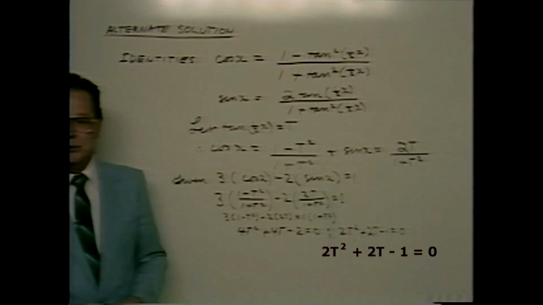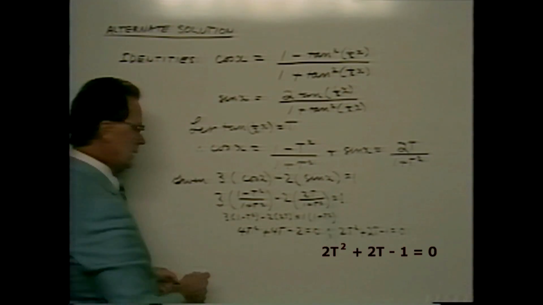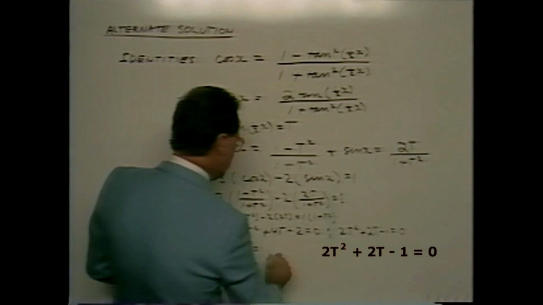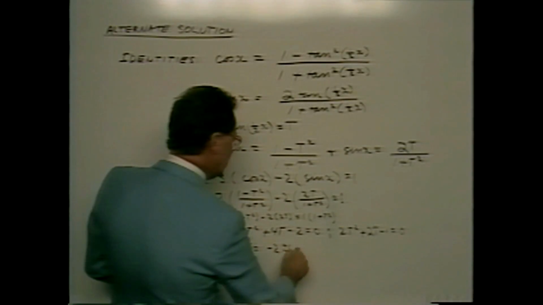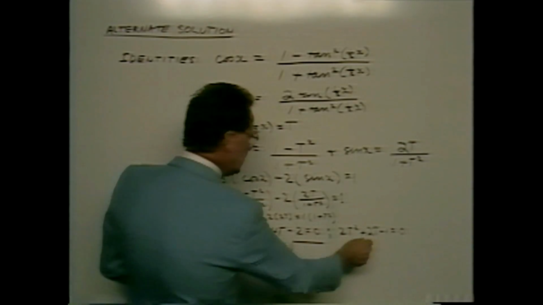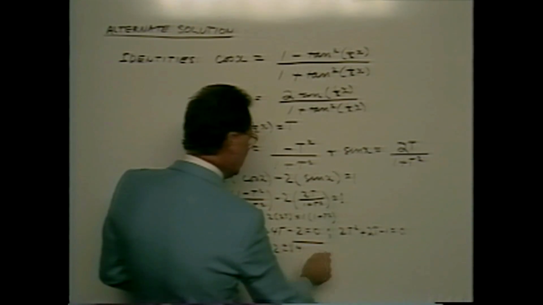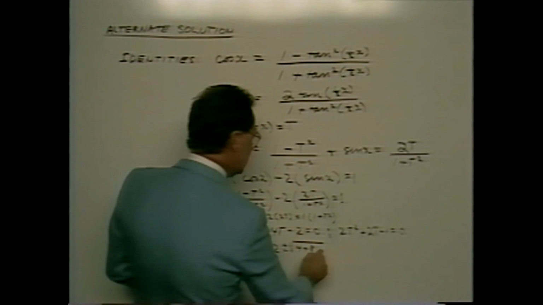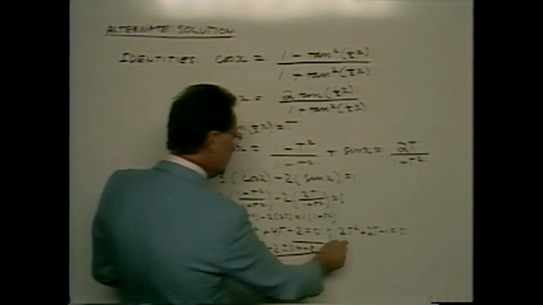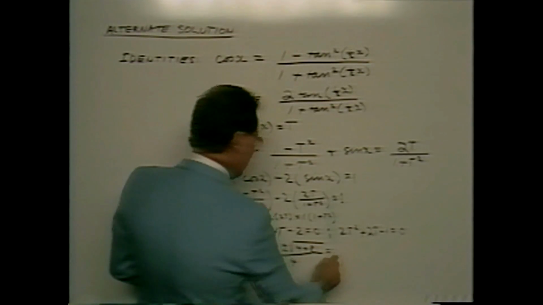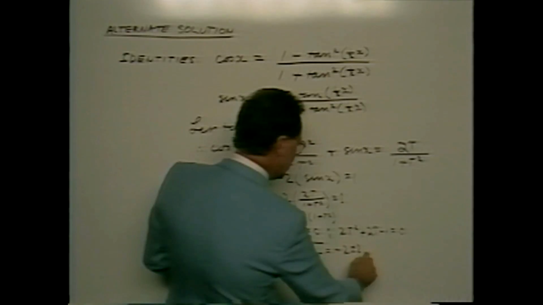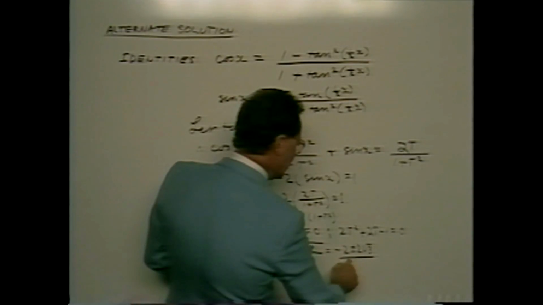At this point, we will use the quadratic formula to solve this equation, and t is therefore equal to minus 2 plus or minus the square root of b squared, which is 2 squared, 4, minus 4 times minus 1 times 2 is plus 8, all divided by twice 2, which is 4. Continuing to simplify this, we have minus 2 plus or minus 2 square root 3 over 4.